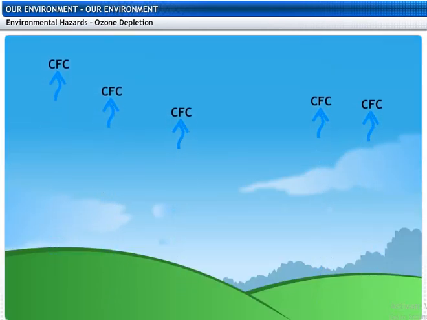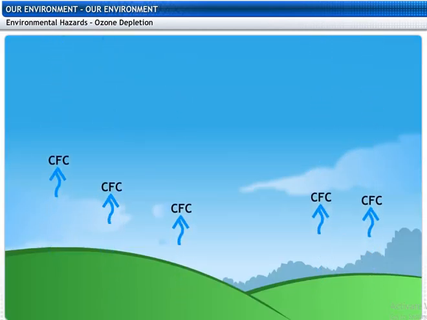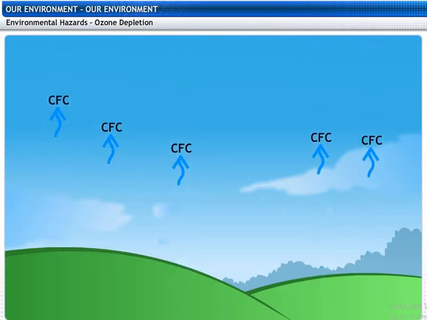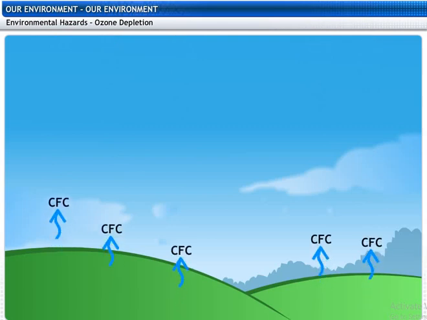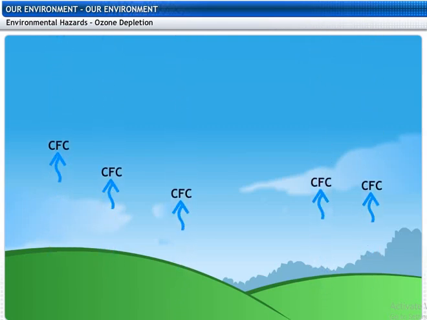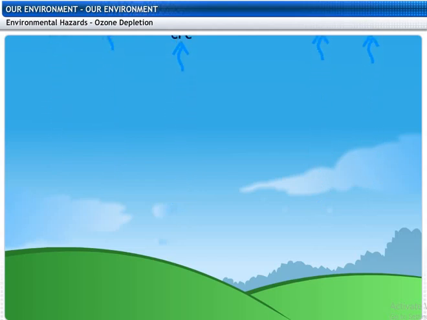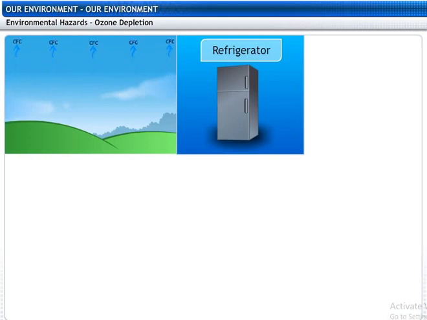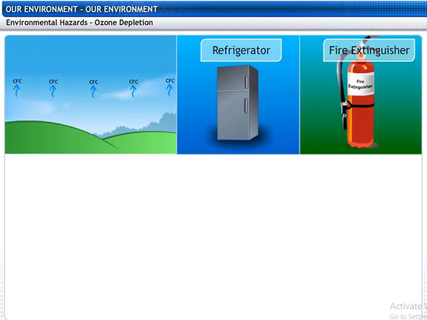In the 1980s, it was discovered that the amount of ozone in the atmosphere had begun to drop sharply. This was linked to synthetic chemicals like chlorofluorocarbons, CFCs, which are used as refrigerants and in fire extinguishers.